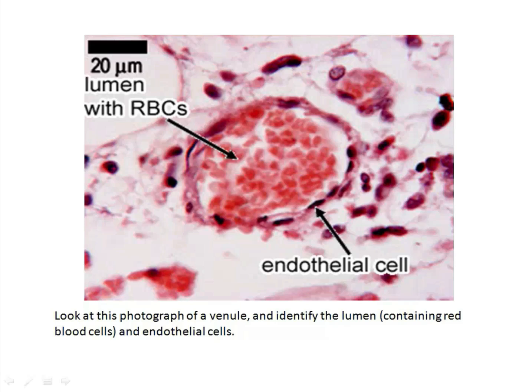Now here, in this color photograph of a slide under the microscope, they are showing a smallest vein. This is how it looks in a section. If you take a section of any major organ in the body and stain it with eosin and hematoxylin, and observe that section under the microscope, you will find many such structures.